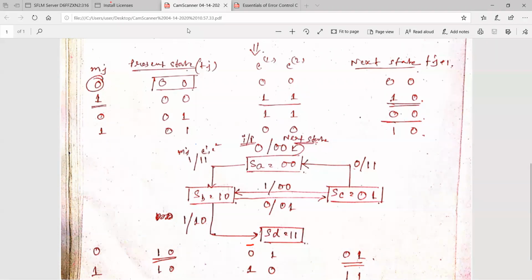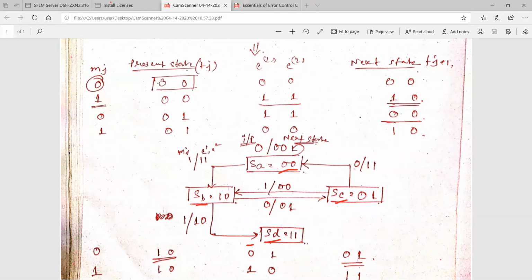You can follow my cursor, SA equals 0 0, SB equals 1 0, SC equals 0 1, and SD is basically 1 1. These are all the possible combinations of the states of S1 and S2. Right. Now, we are considering the present state, the reset mode state. That means we are considering S1 and S2, whose value is 0 0.